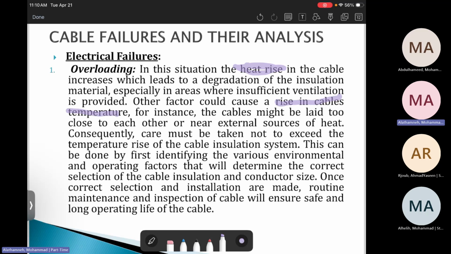But if it exceeds a certain temperature, it will impact the cable insulation system. Once we reach this, it will burn it, or we need to replace the conductor. Therefore, we need to make sure to maintain the lifetime by not exceeding the maximum value, or if it's exceeded, only for a very short period of time.